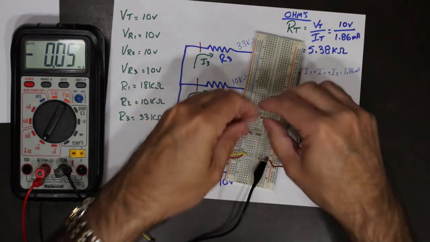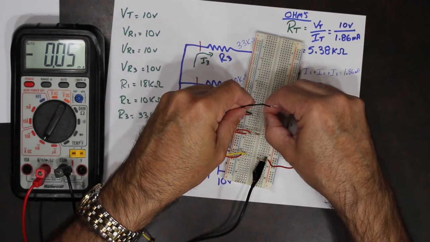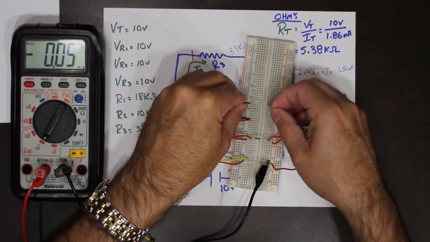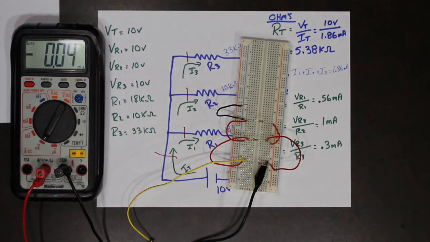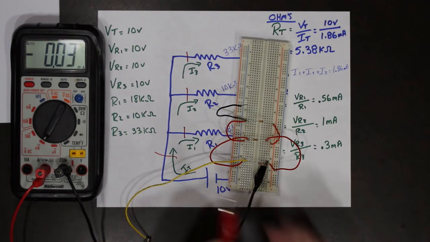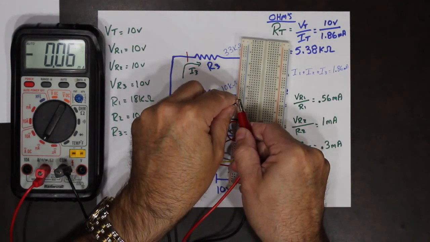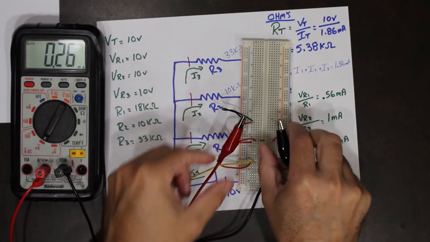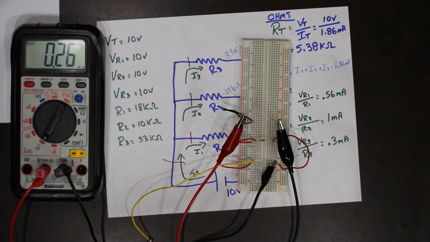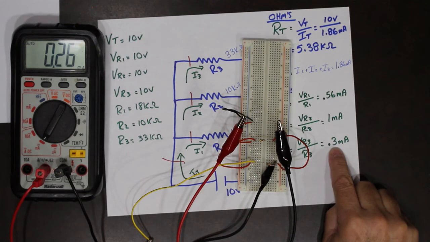Now the last one, again, we're going to snap, there we go. 0.2627 is pretty close to 0.3.